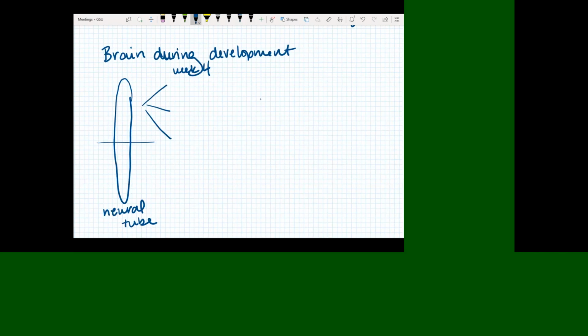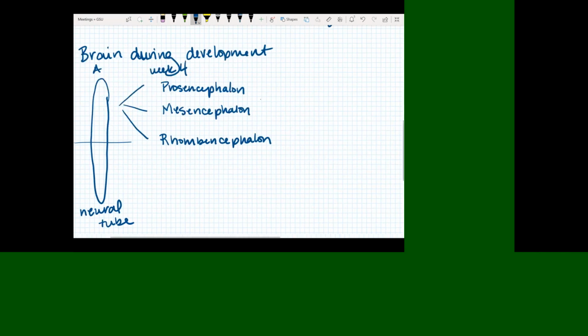The first one will be an area called the prosencephalon, and this will be the top part or the most anterior part of our neural tube. The middle section will become our mesencephalon, and our last section will become our rhombencephalon. So this will happen around week 4, and then they'll continue to divide and develop, and around week 5, we'll actually branch a little bit further.